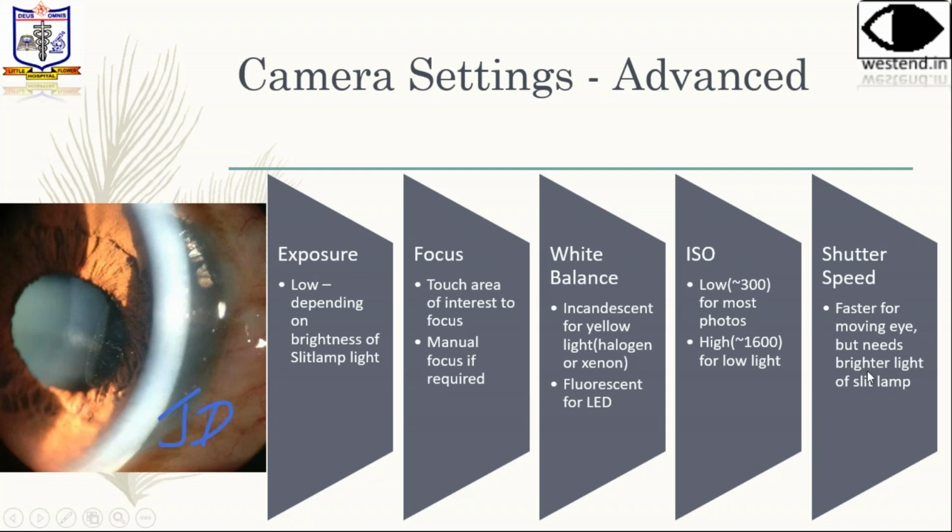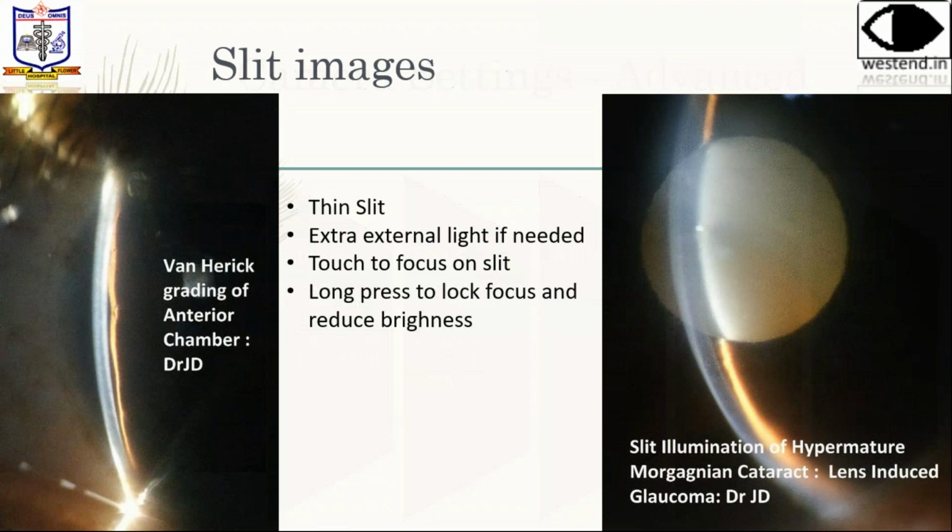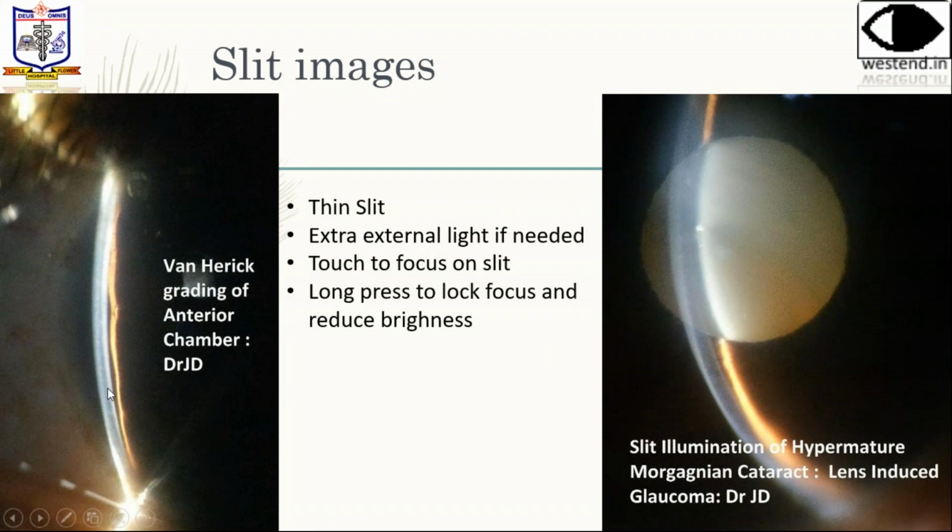Shutter speed also, you can keep it faster if it's a moving eye, or you need to capture something with good illumination. For slit images, you have to make a thin slit. You can see a lot of grains in this photograph because there is no extra background illumination.